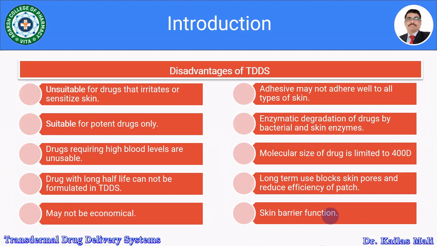So these are the disadvantages of transdermal drug delivery system. Very first one, it is unsuitable for drugs that irritate or sensitize the skin. It is suitable for only potent drugs.